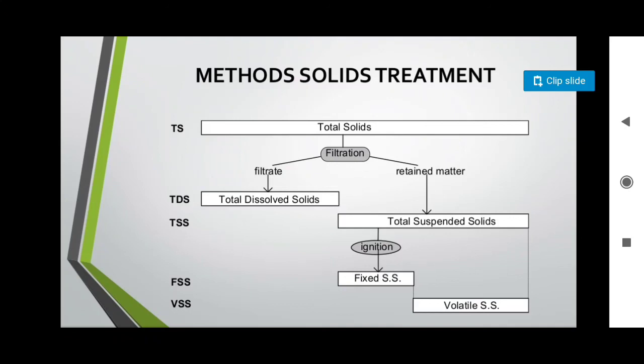So whatever component is ignited or burned will burn off and disappear from this sample of total suspended solid, and a small portion will still remain. That small proportion is called fixed suspended solid, and the mass reduced from the total suspended solid gives you volatile suspended solid. So the organic matter which is present in the total suspended solid will obviously burn off, and that would be the amount of volatile suspended solid, right?